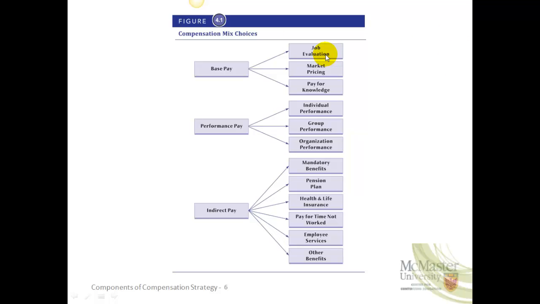Another reason why companies evaluate jobs is not just to maintain internal equity, but many companies have to fall under the rules and regulations for pay equity.